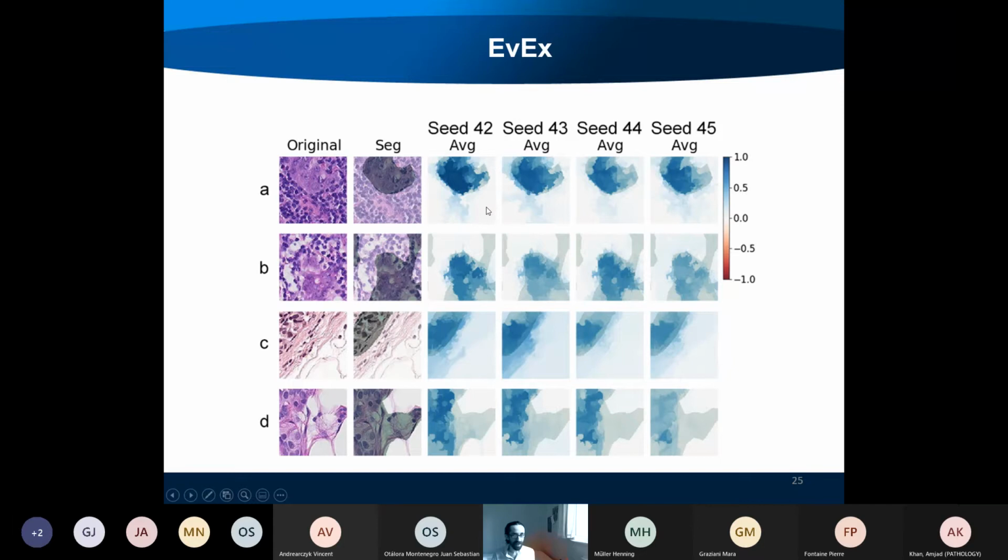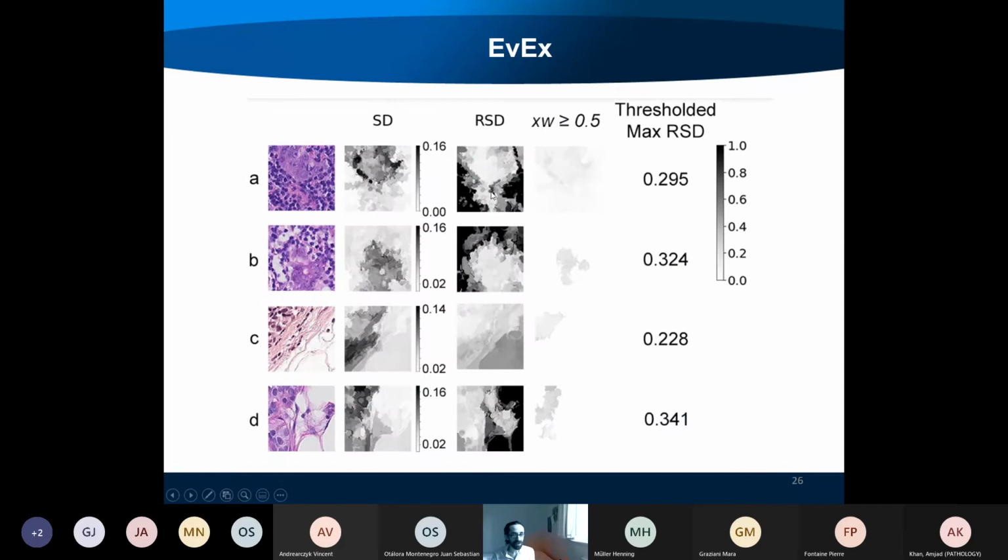So let's say something here has a weight of 0.0001. If it changes to 0.0002, that's a 100% change, right? But it's a 100% change in a region that doesn't explain much, and it's not very relevant. The regions with very high explanatory weights have very low variation, right? If we, for instance, say, you know what, we're going to generate an explanation with Lyme or EvEx, but we're only going to pay attention to explanation weights above 0.5.